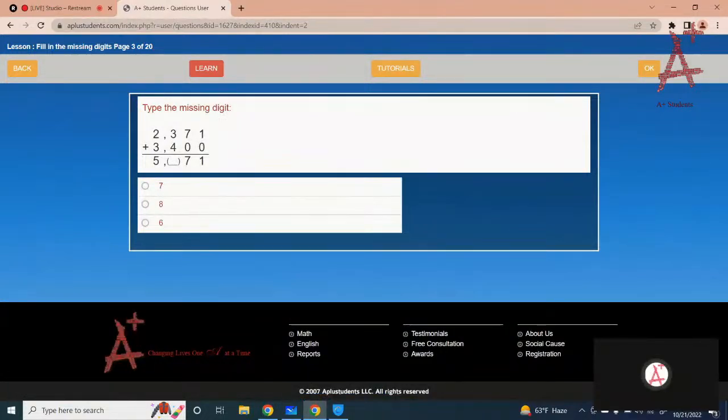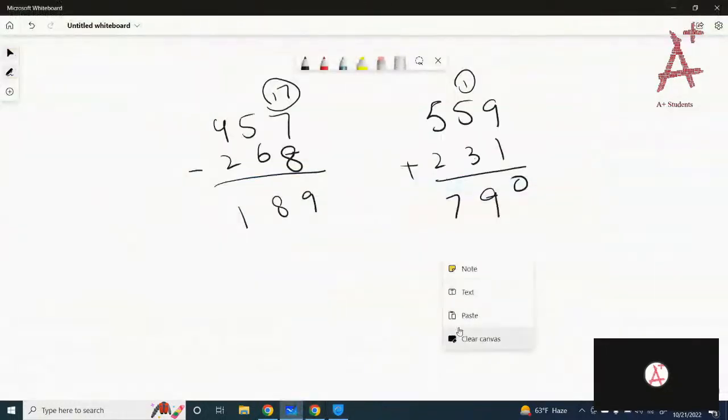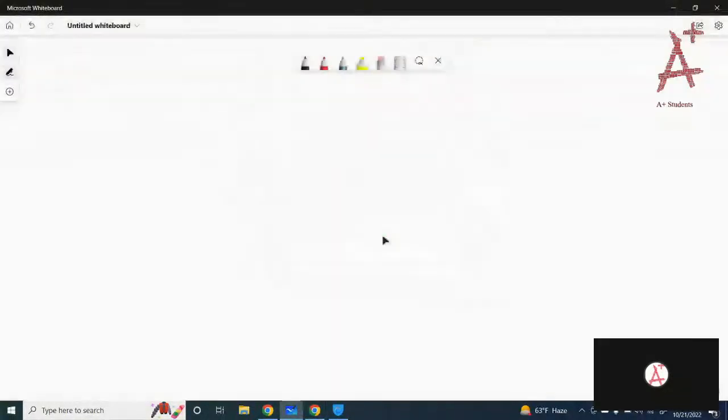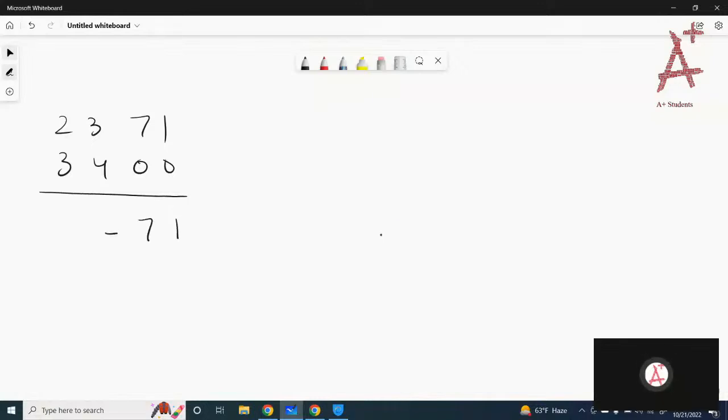Okay, again it is the sum. So just start from the first digit. Let me write it: 2371 and 3400. And here you are given 1, 7, the missing number, and 5.